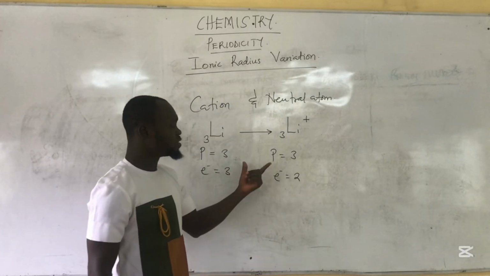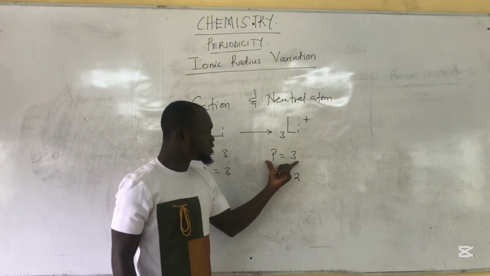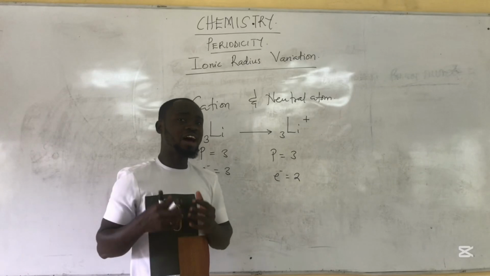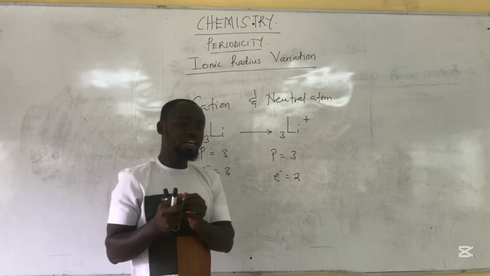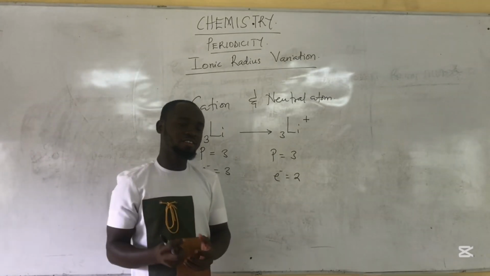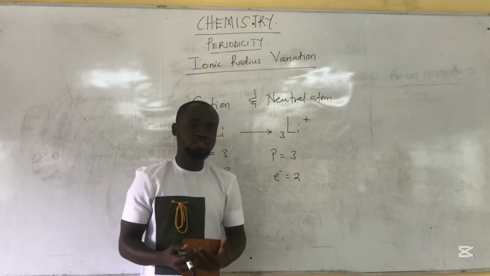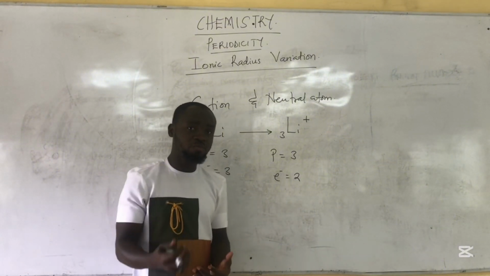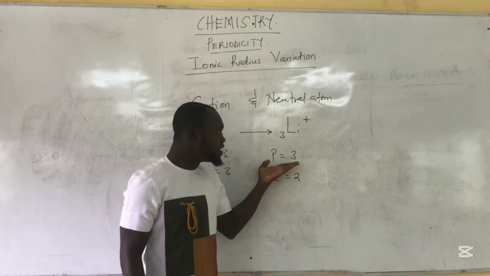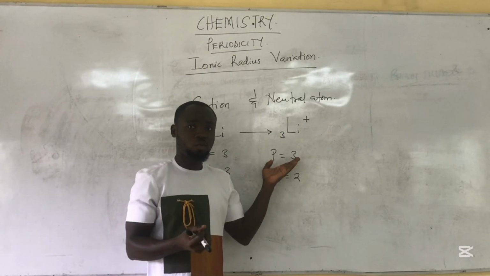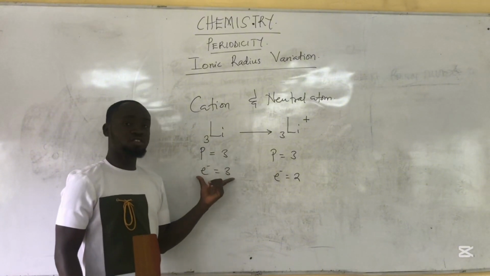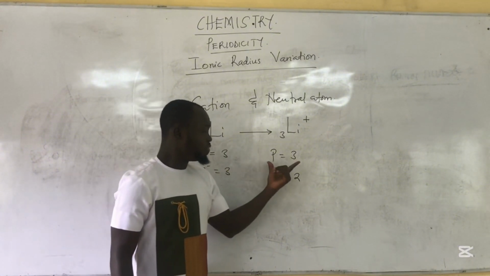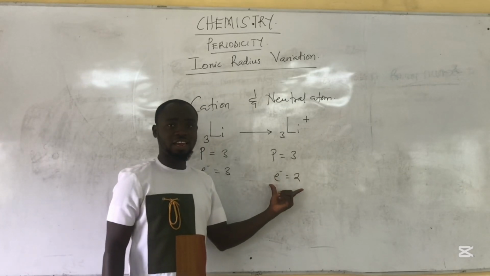So for cations, since they have more protons against the electrons, there is a high nuclear attraction in the cations against the electrons that repel each other to bring about reduction in attraction. So therefore, the size of the cation will be smaller once it is being compared to its neutral atom. And the argument is simply the excess protons against the electrons.